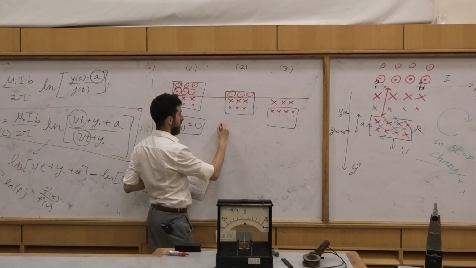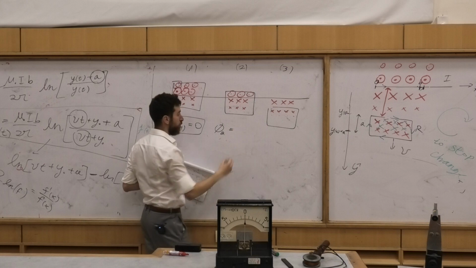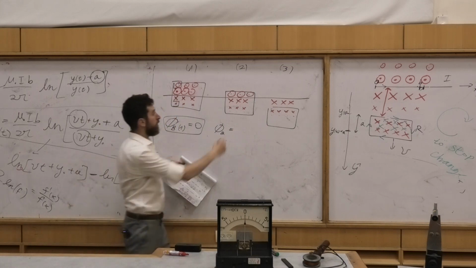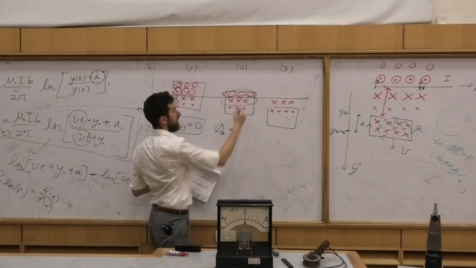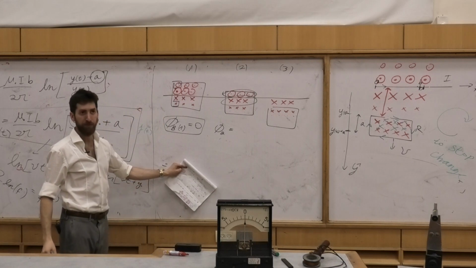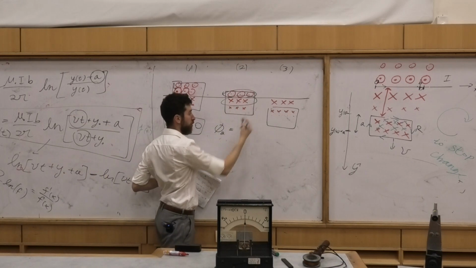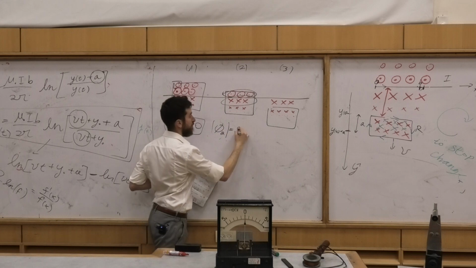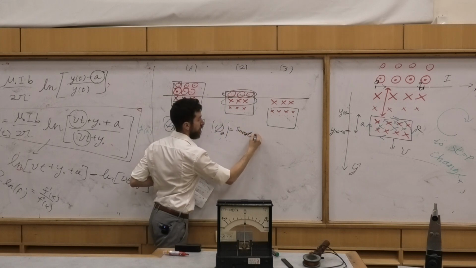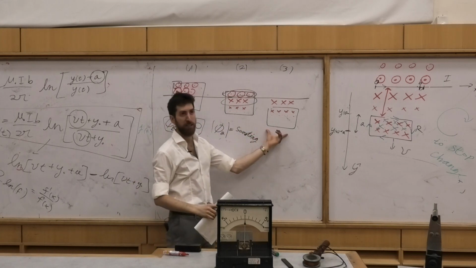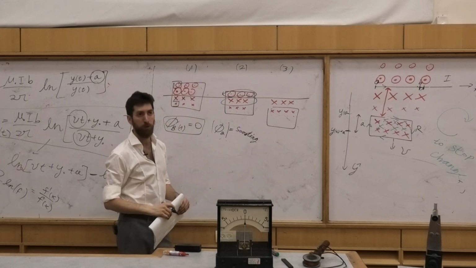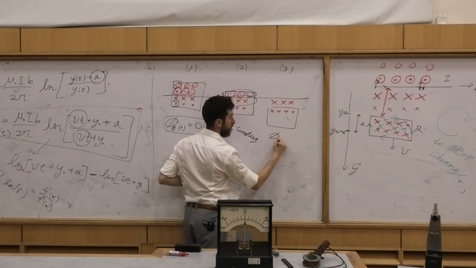What happens here? Phi B2, case 2. This one cancels this one out, right? But I have some contribution. So I have something, right? And in that case, they all contribute to the phi. So phi 3.